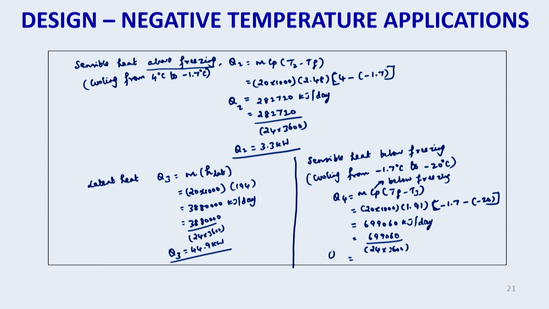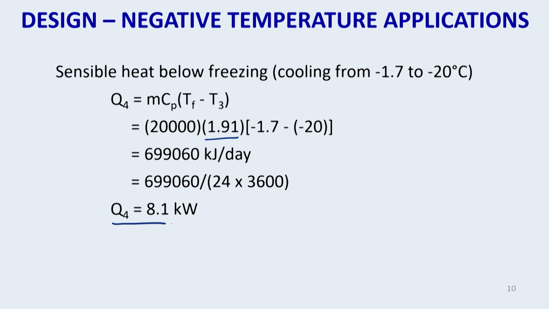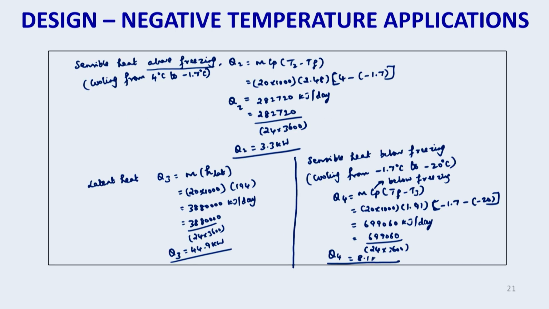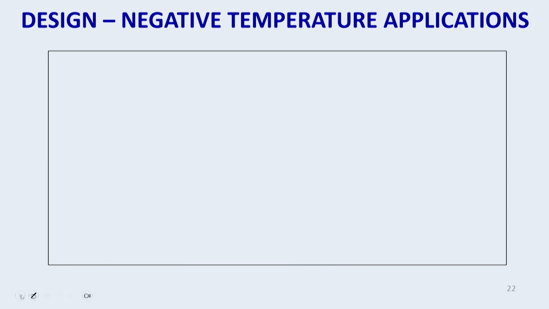So that will give Q4 as 8.1 kilowatt. Respiration load Q5 is equal to 0 since meat is not a live product.